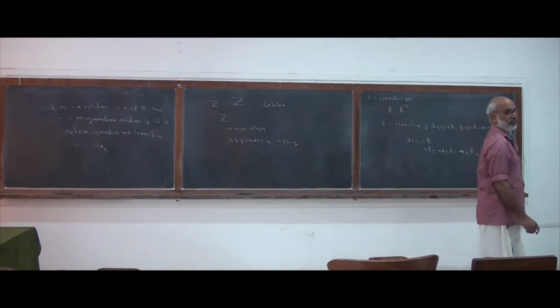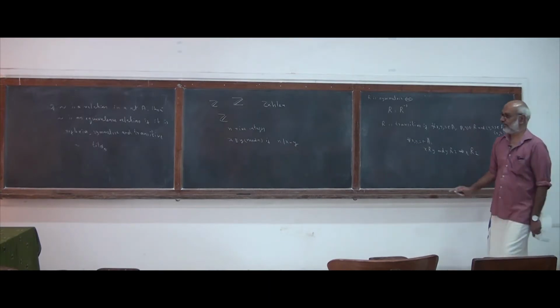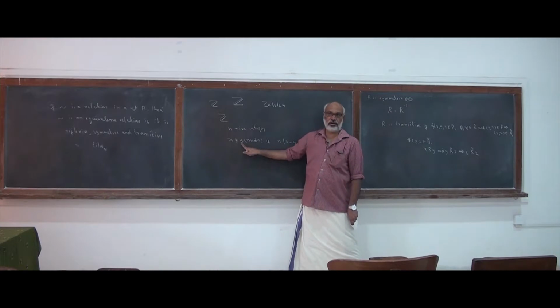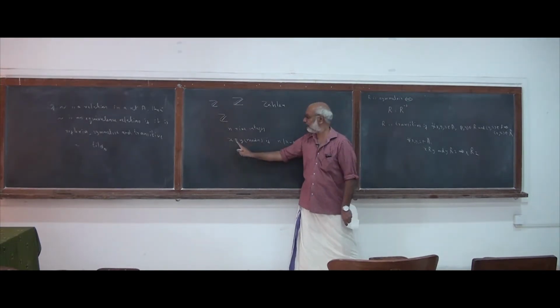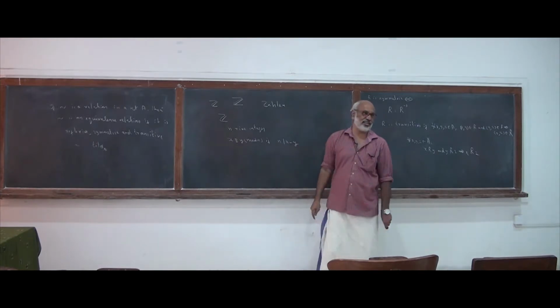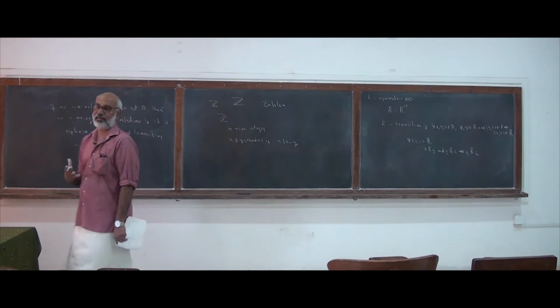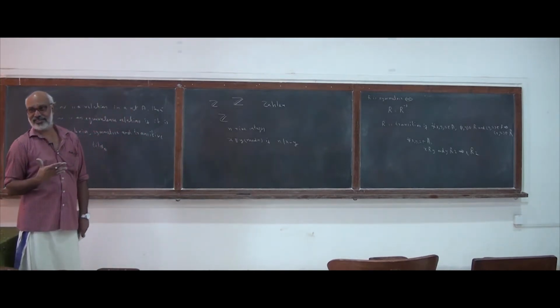This relation is very important in number theory. That is, an integer x is congruent to another integer y modulo n if n divides x minus y. n is a fixed positive integer.